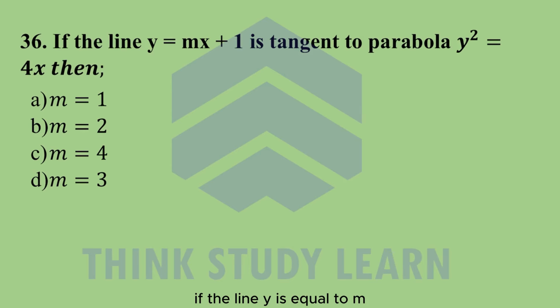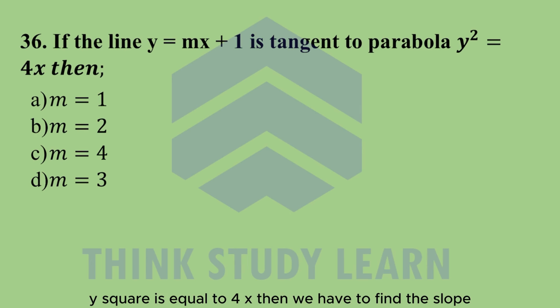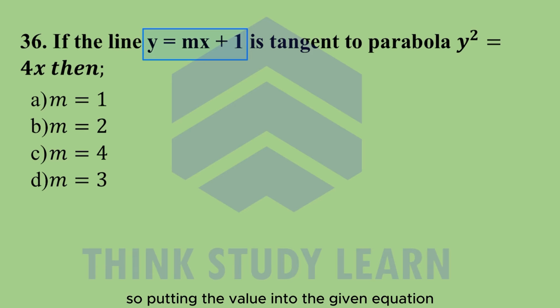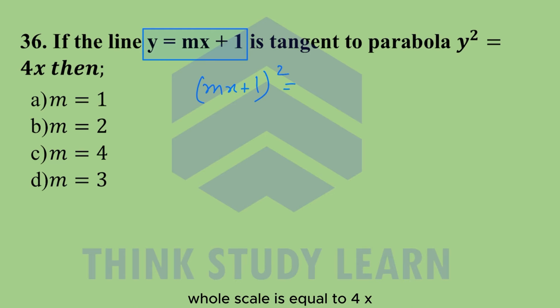If the line y is equal to mx plus 1 is tangent to the parabola y square is equal to 4x, then we have to find the slope. So we will put the value of y into the equation of the parabola and find the slope. So putting the value into the given equation, that will become (mx plus 1) whole square is equal to 4x.